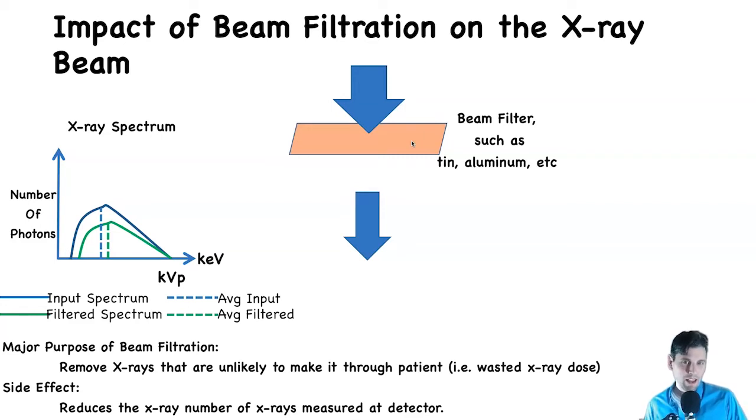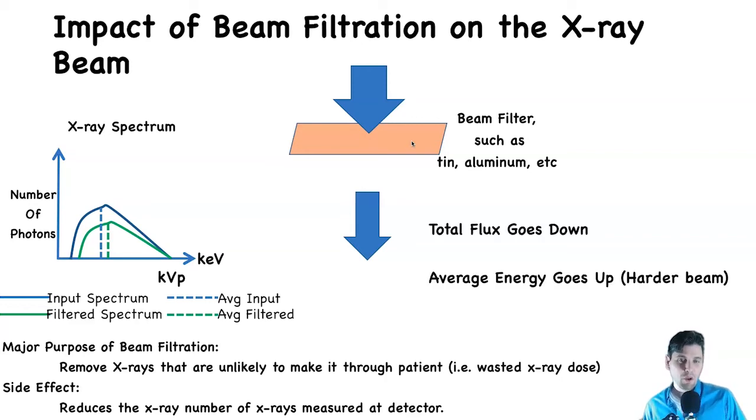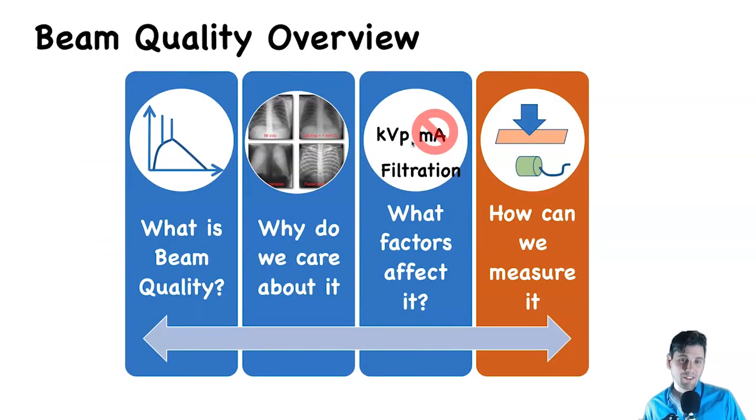One thing that can help in that is the actual window of the X-ray tube itself, and then often you'll have additional filtration. We want to note that with this additional filtration, the total flux is going down, but the average energy is going up of the X-ray spectrum after it comes out from a filter material.